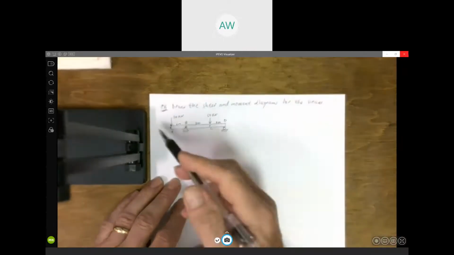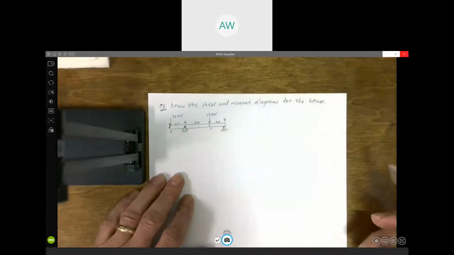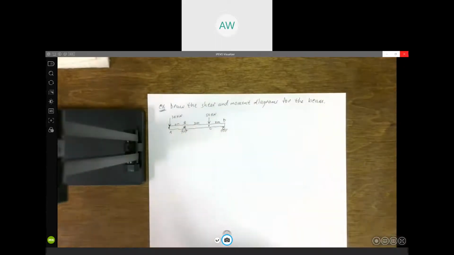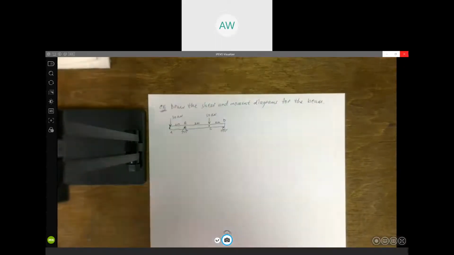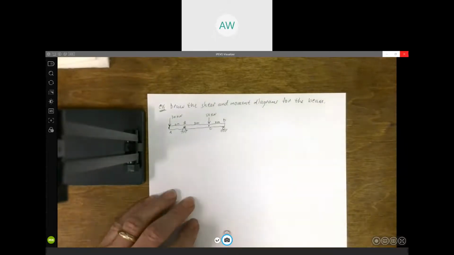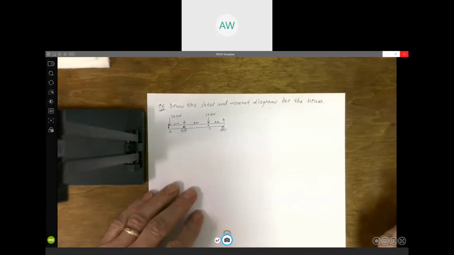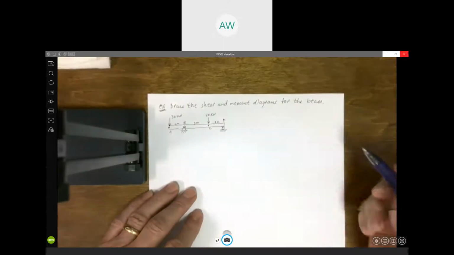It's an overhanging beam. We've got that left end hanging out over our pin supported beam. The first thing we need to do, before we start trying to draw our shear moment diagrams, in order to find our equations, is to know what the support reactions are.